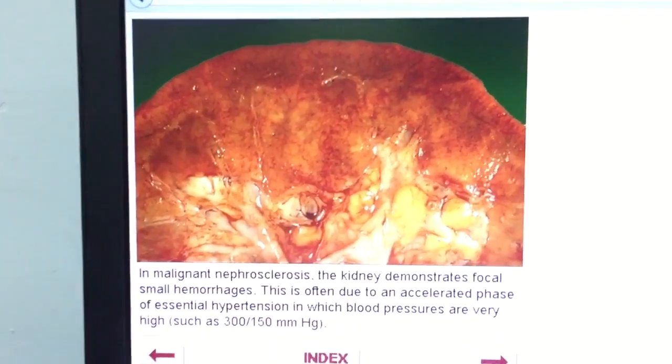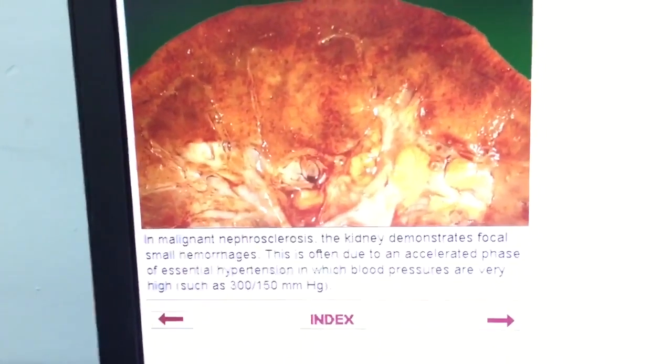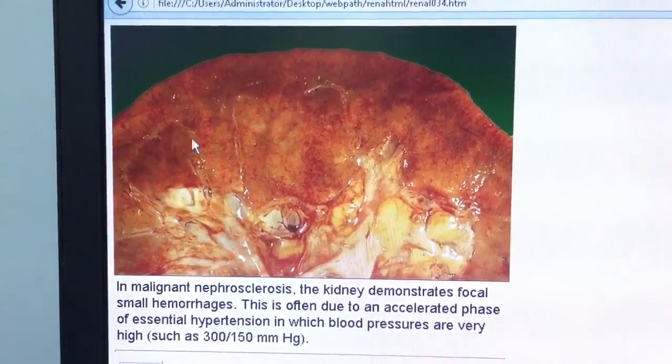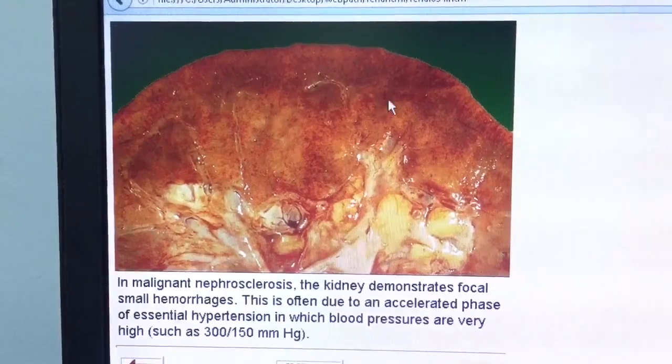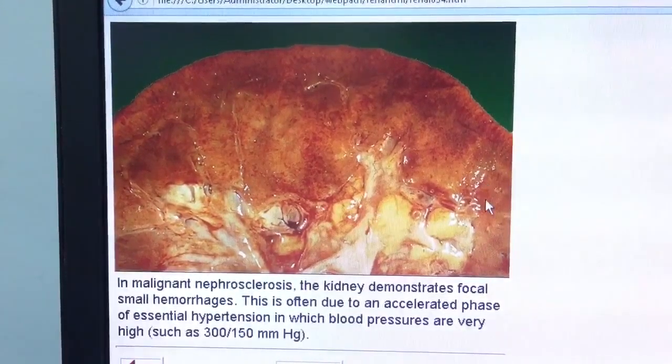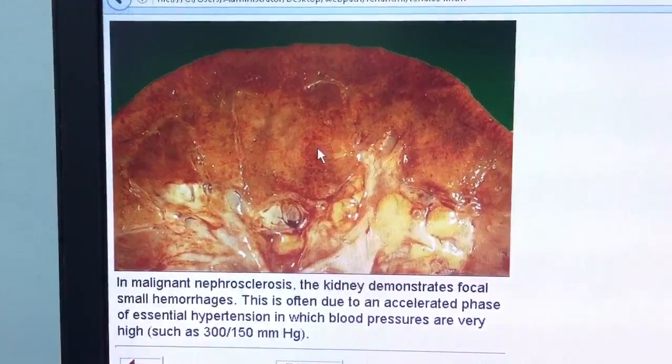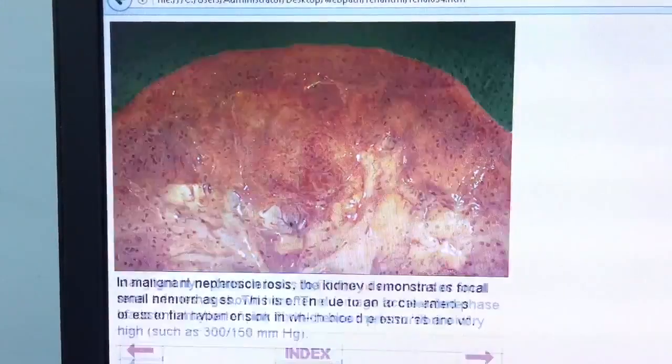In case of malignant hypertension, multiple tiny foci of hemorrhage will appear within the renal parenchyma. This slide represents malignant nephrosclerosis.